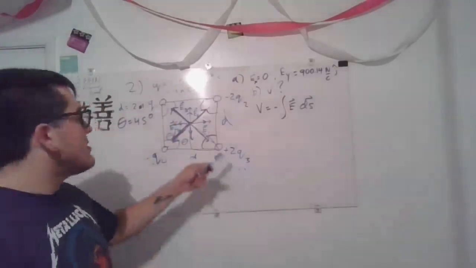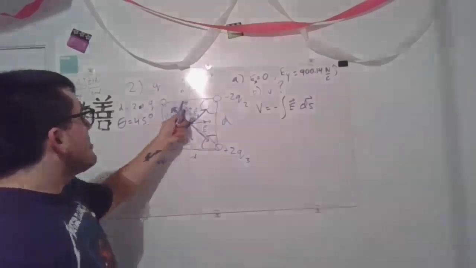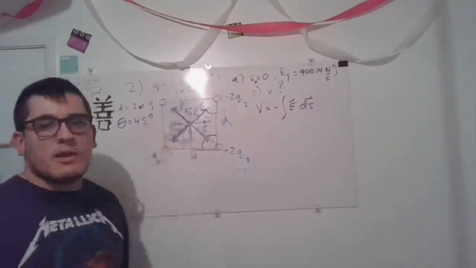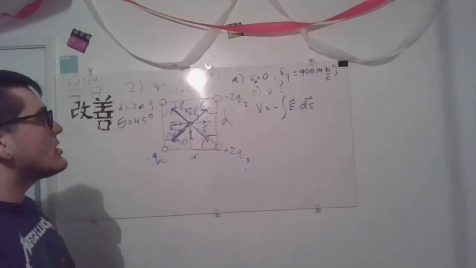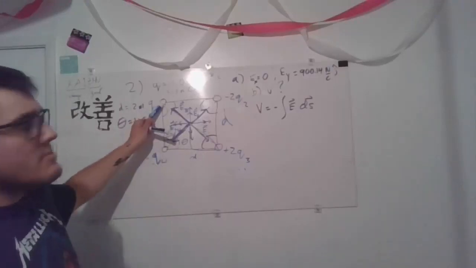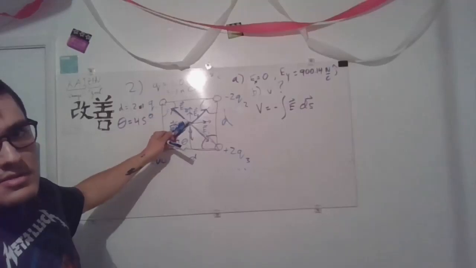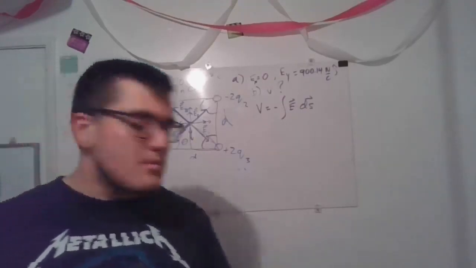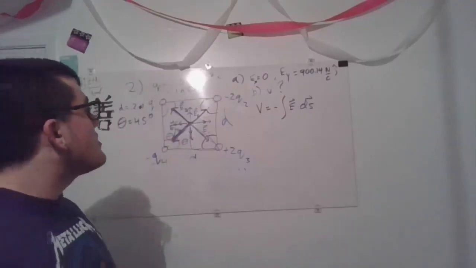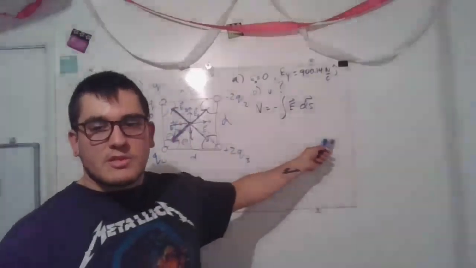And the path is going to be around the square. Or is the path going to be from the point to the center? What are we looking at? What are we thinking? Does everybody think we should use this?